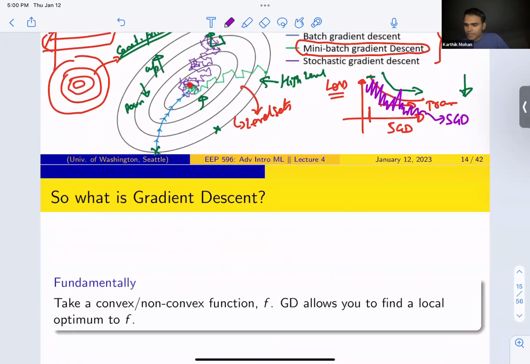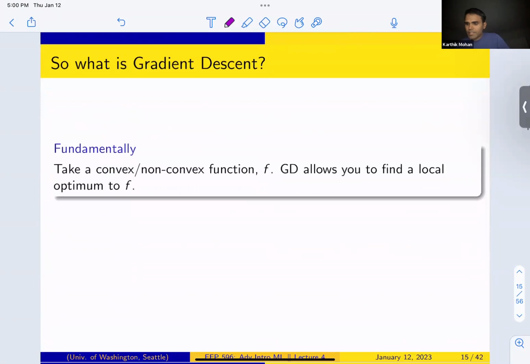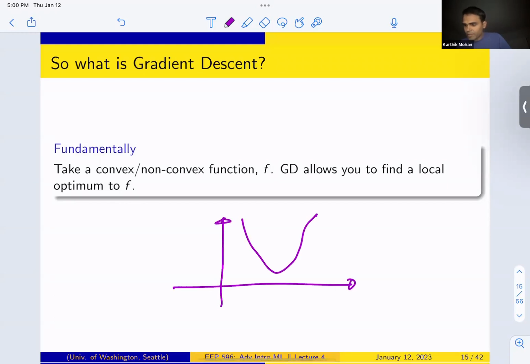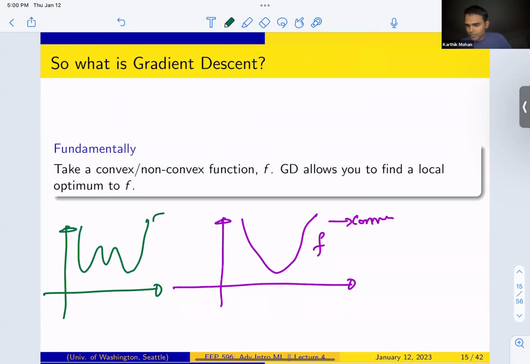So let's take a look at gradient descent. So what's the idea of gradient descent? Let's assume you have a function. So this is a convex function, and then this is a non-convex function, right?